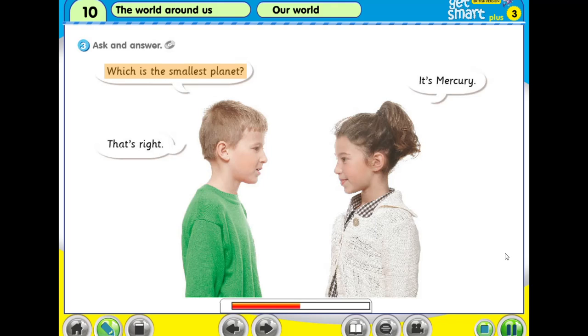Which is the smallest planet? It's Mercury. That's right. You see the question, which is the smallest planet? It's Mercury.